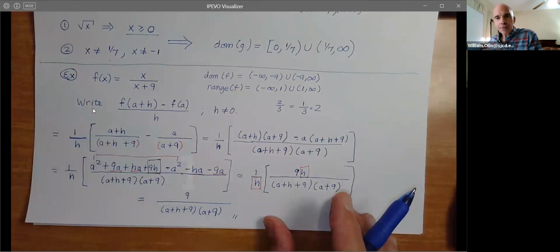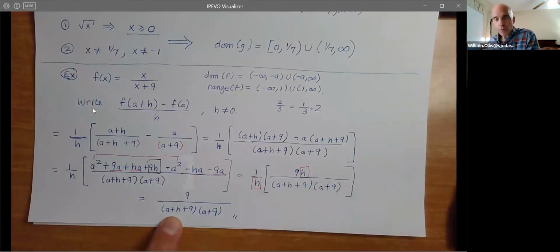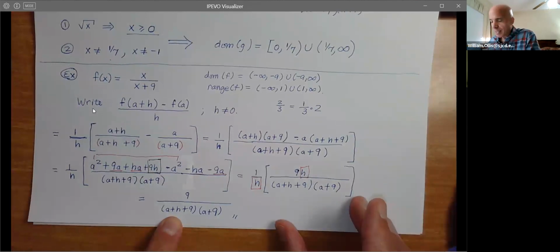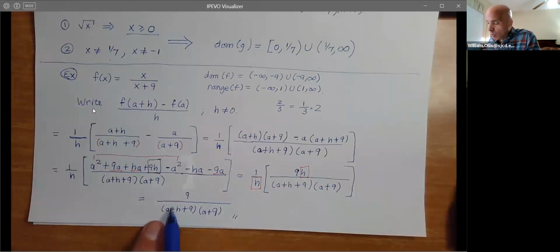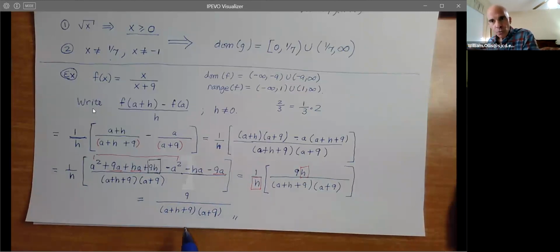Now, the definition says if the limit as h approaches 0, or whatever variable you're using, actually exists, then you have a tangent at that point, a tangent line. And so now when you take your calculus, if you look at this, the h can basically converge to 0 or approach 0.